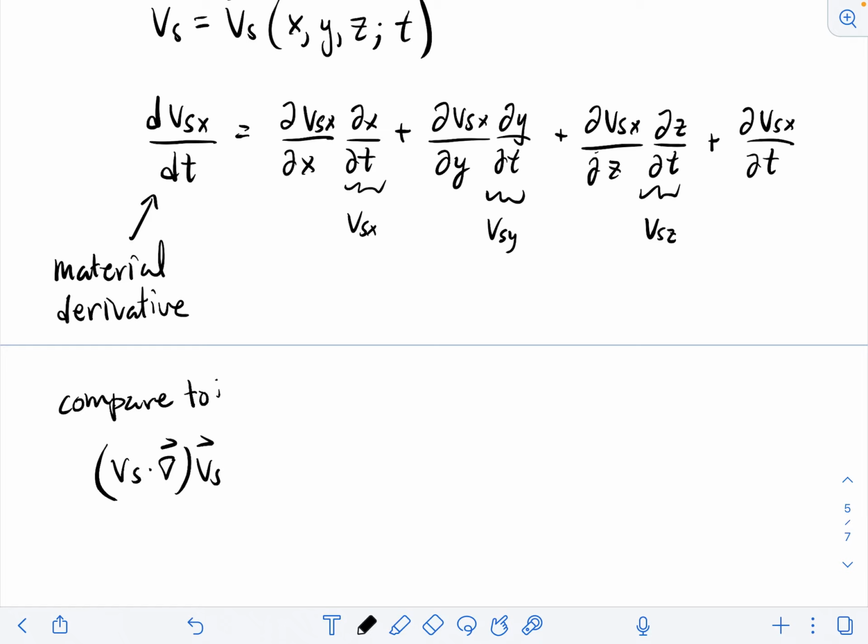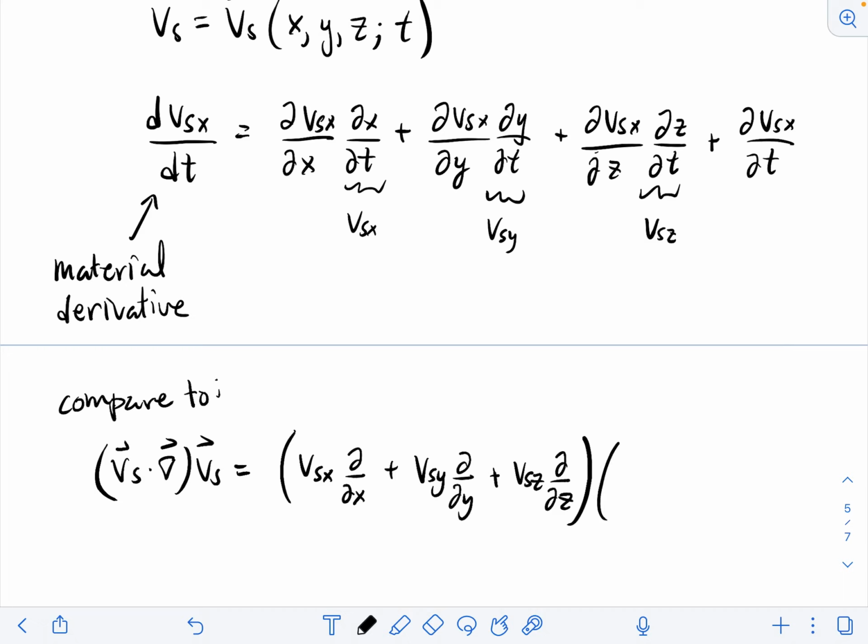So let's see, we're going to have Vs dotted with the gradient, then acting on Vs. So Vs dotted with the gradient is the x component times an x derivative plus the y component of the velocity times the y derivative plus the z component of the velocity times the z derivative. And then that's going to be acting on the Vs vector, which is an x component, a y component, and a z component.